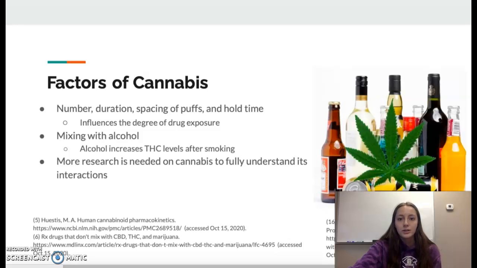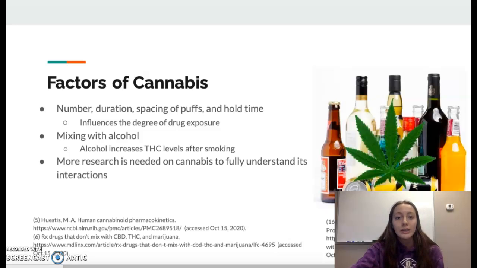So here are some factors of cannabis. Factors such as the number, duration, and spacing of puffs that you take, and hold time, all greatly influence the degree of drug exposure. Although alcohol is not a prescription drug, it is still a drug.